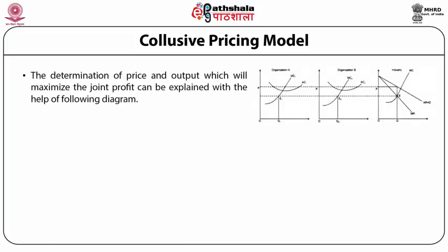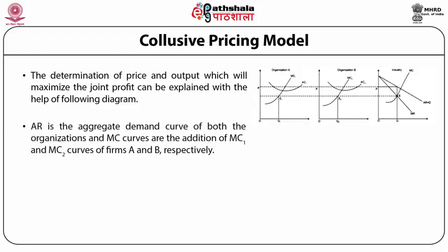The determination of price and output, which will maximize the joint profit, can be explained with the help of a diagram also. AR is the aggregate demand curve of both the organizations, and the MC curve is the addition of the MC1 and MC2 curves of firms A and B respectively.